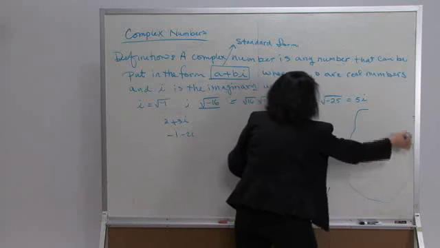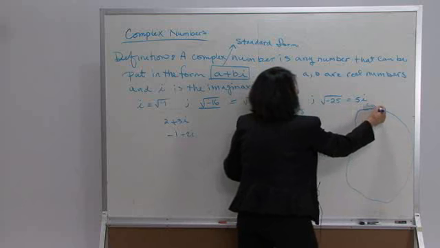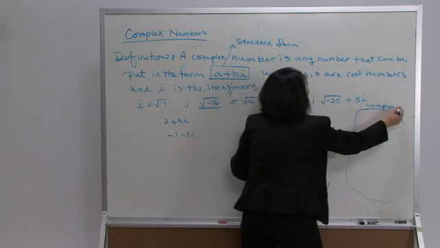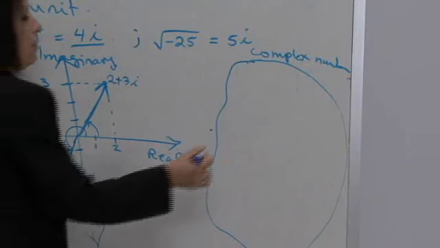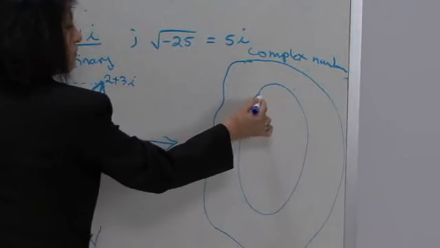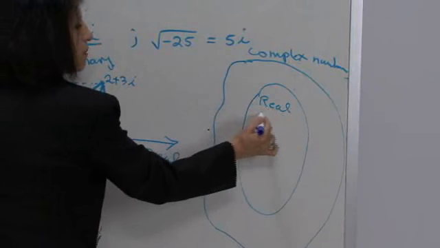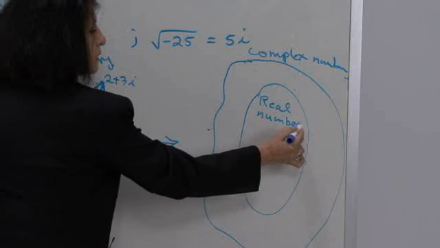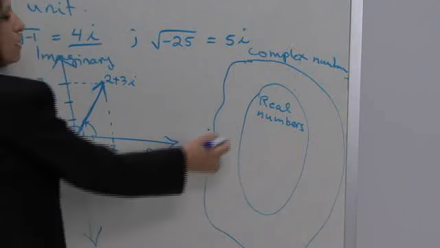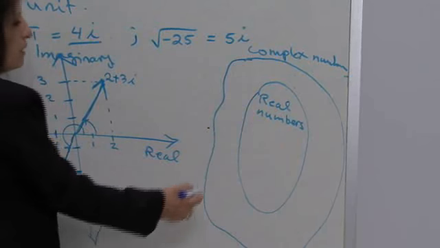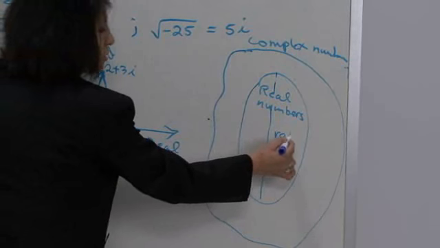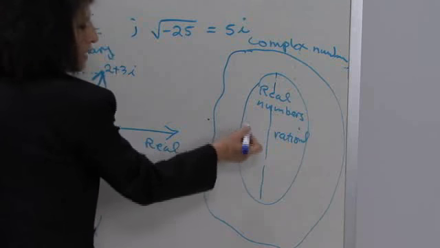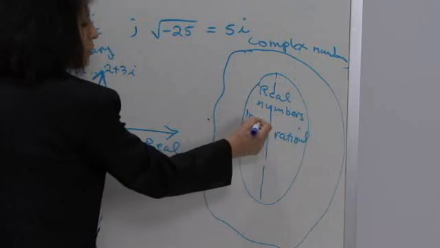So to help you understand the big picture here, if we think of complex numbers being this big set of numbers, then the subset of that would be the set of real numbers. So real numbers, anything on the number line. Any number on the number line is right there. And you know real numbers are classified as rational and irrational.